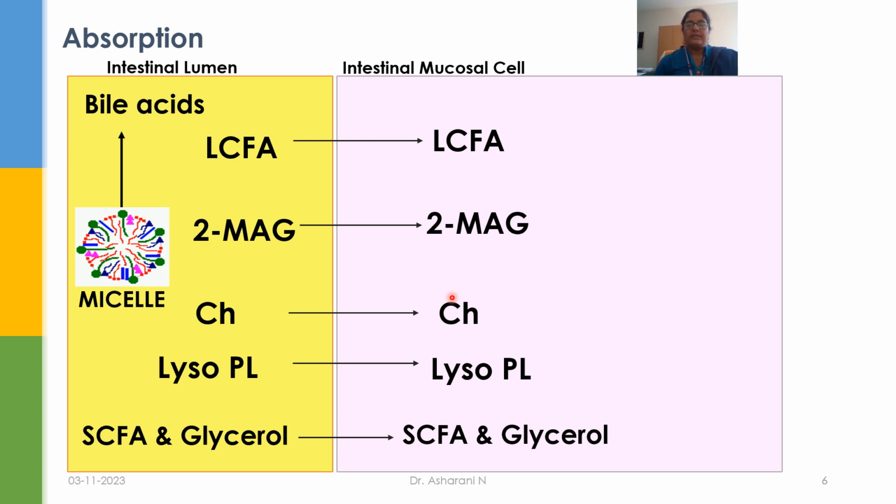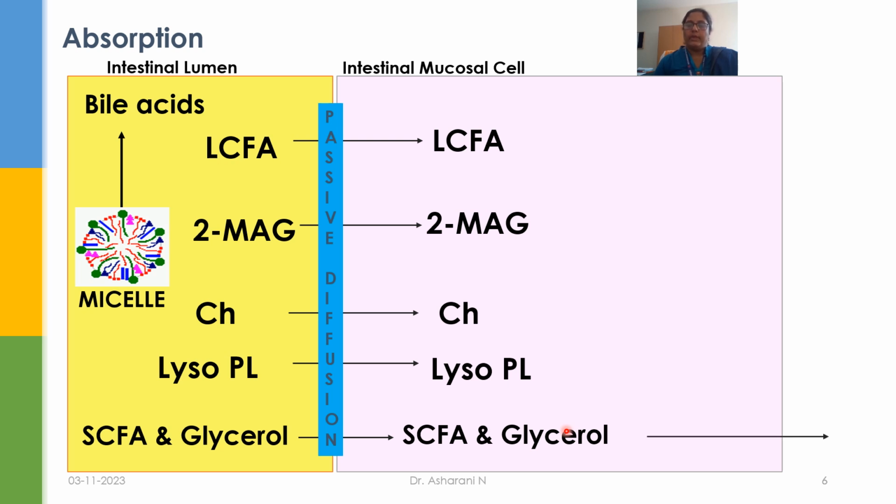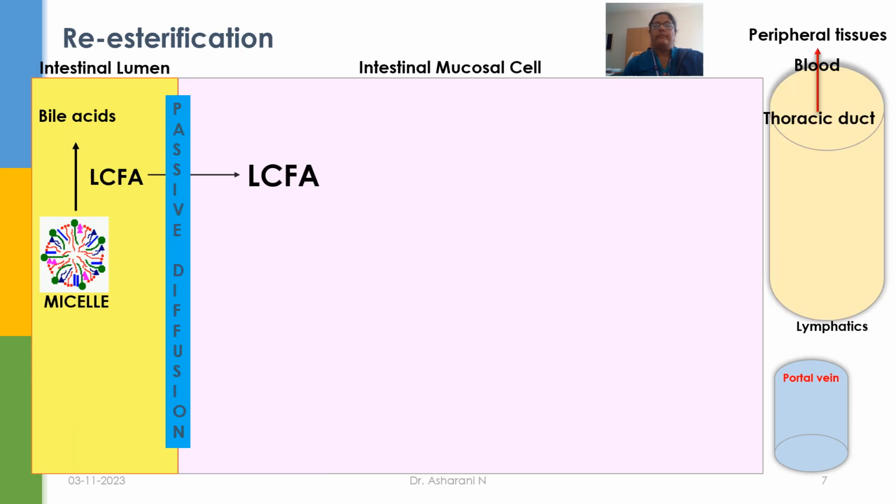Short chain fatty acids, medium chain fatty acids, and glycerol don't form the micelle; they directly enter from the lumen and move on to the portal vein. This movement is a passive diffusion mechanism. So glycerol will enter the portal circulation, and from there enters the liver.